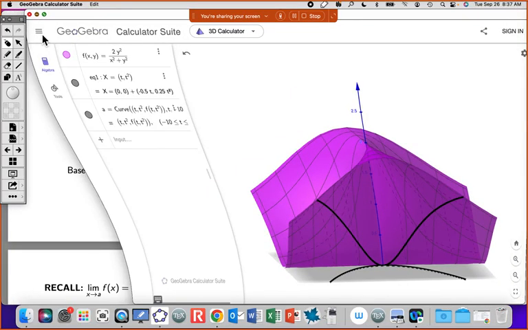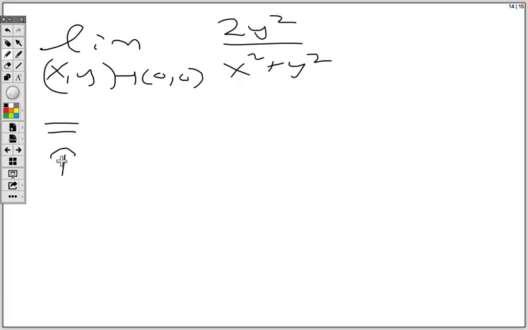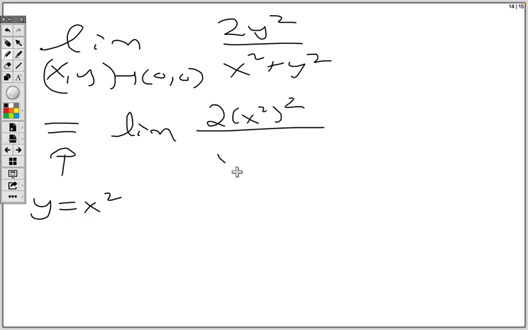And you could actually try that out. So we've already convinced ourselves the limit doesn't exist. But just to do one more of these here, if I take the limit as x, y approaches 0, 0, of 2y squared over x squared plus y squared, if we go along y equals x squared, once again, y goes to 0 means x goes to 0 and vice versa. So this would be equivalent to x itself going to 0.